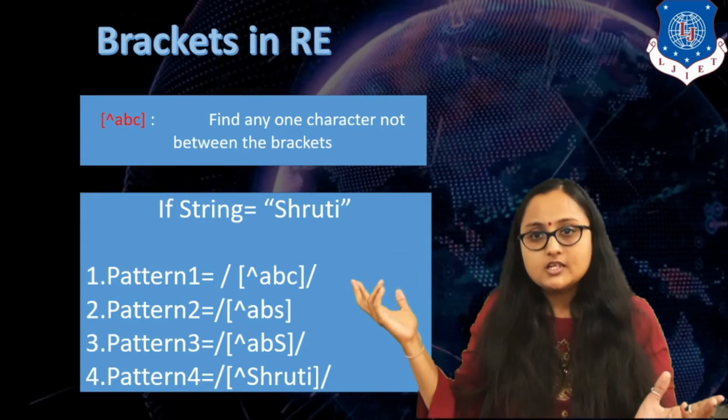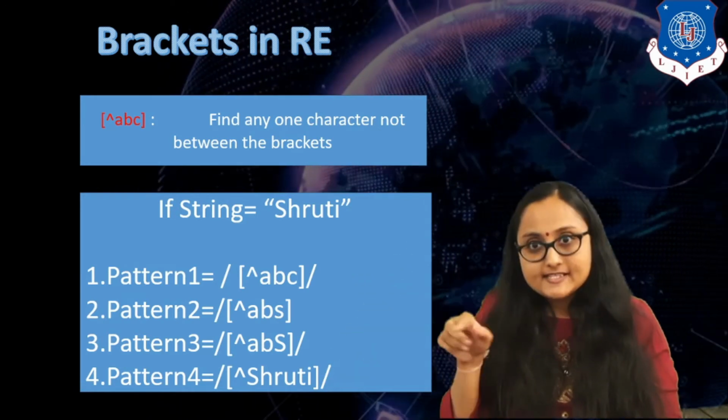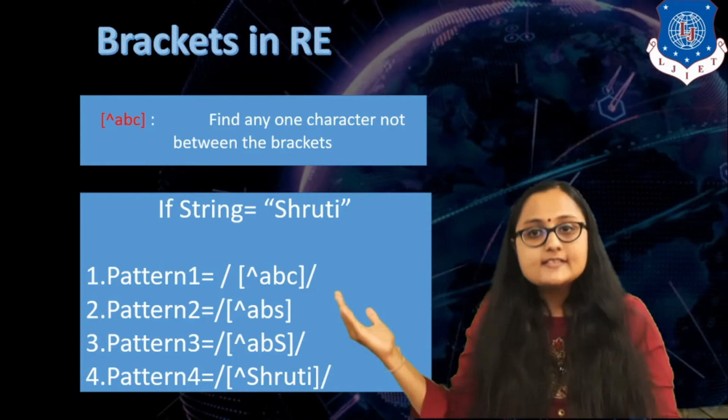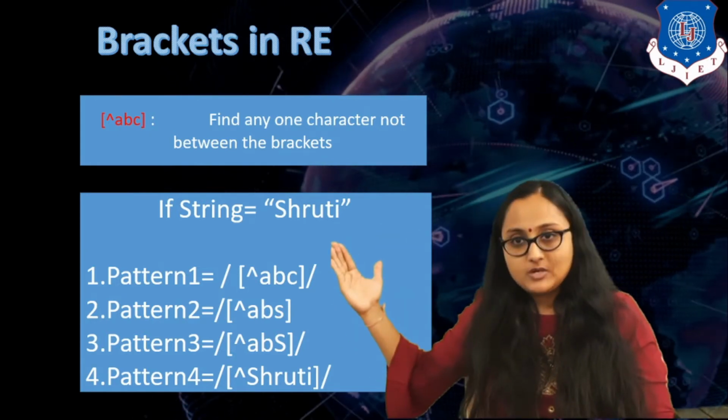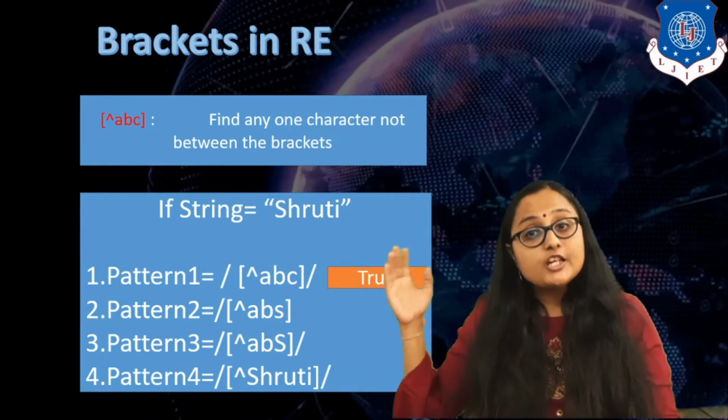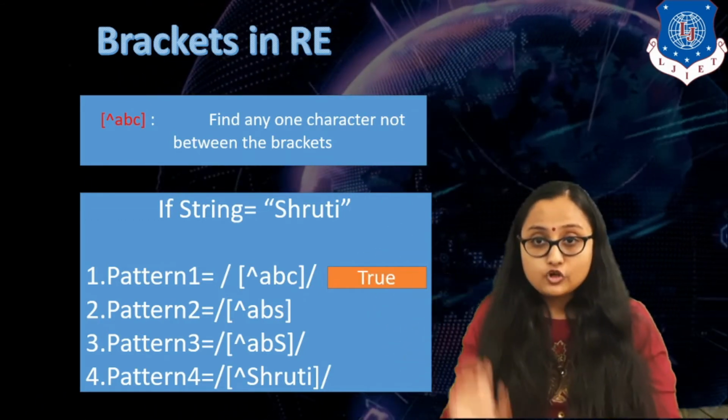Yes, obviously. The first character itself, S, is not inside the bracket, right? So it contains a character which is apart from ABC, and so the first pattern and the string match. So the string is valid according to this pattern.